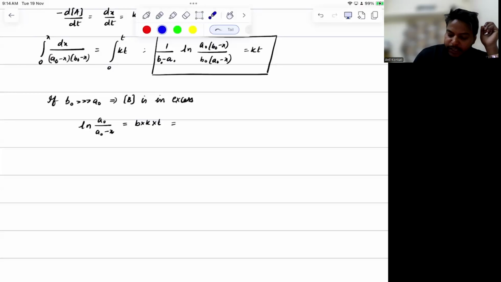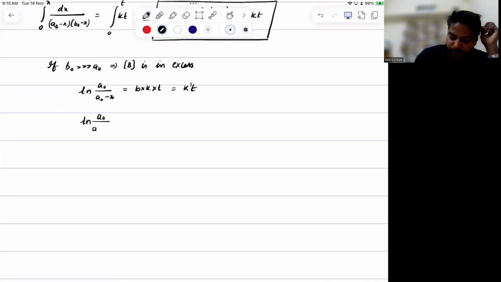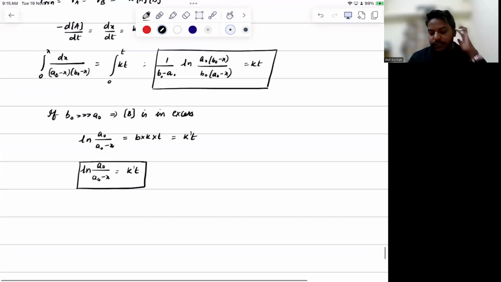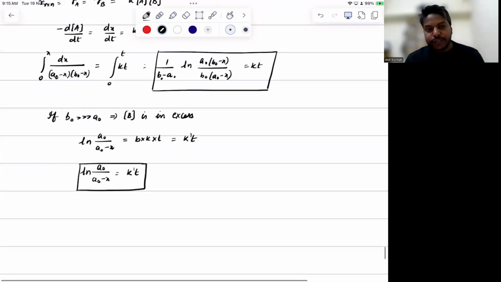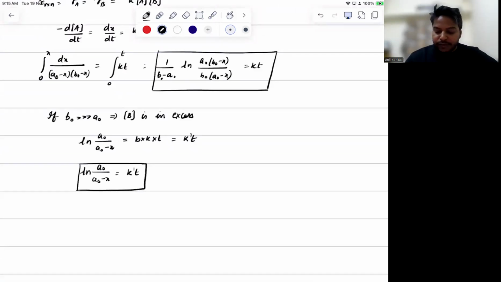And B into K, I can write as a new constant K dash into t. Therefore, ln A naught by A naught minus X is equal to K dash into t. Can you see this is just first order kinetics? So pseudo first order kinetics can be derived using a general equation like this.